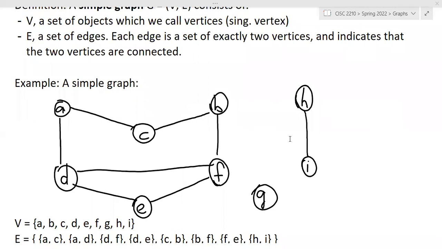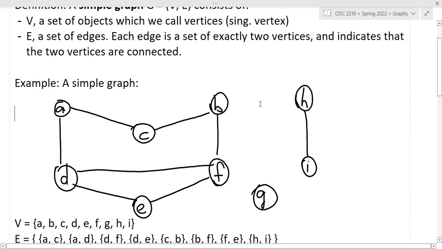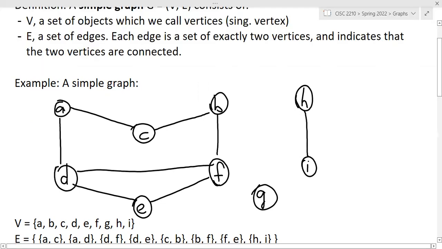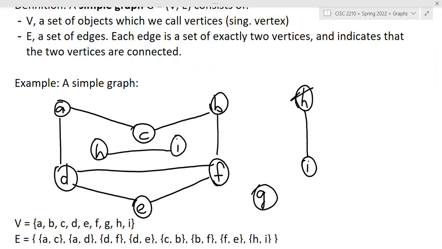Another point I wanted to make, unrelated to that, is that the way you draw a graph doesn't matter. If I had drawn this graph by taking H and I and moving them around, let me show you. Maybe I would have drawn H over here and I over here and connected them like this and gotten rid of this, and it would still be the same graph.